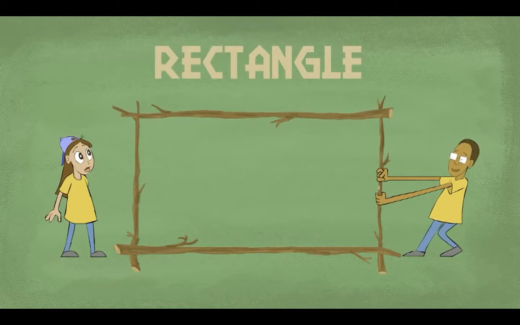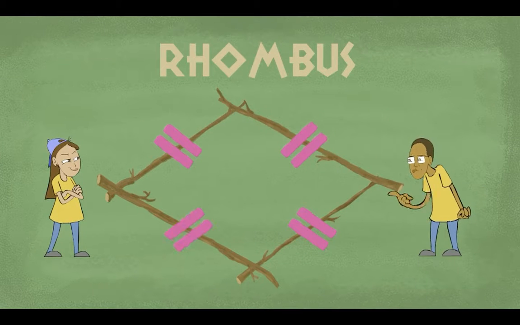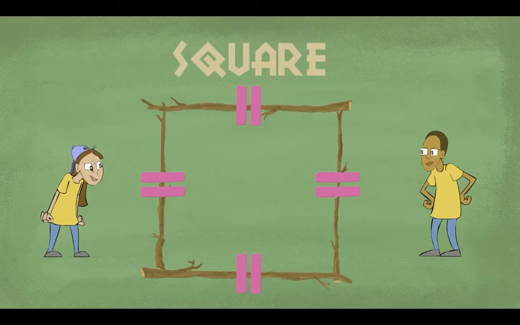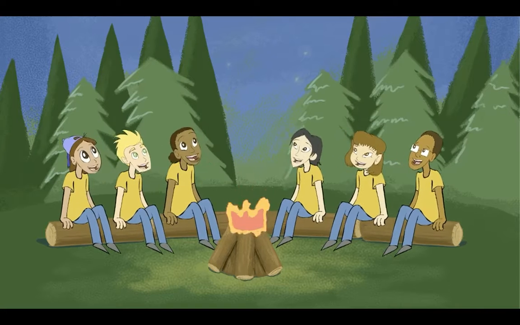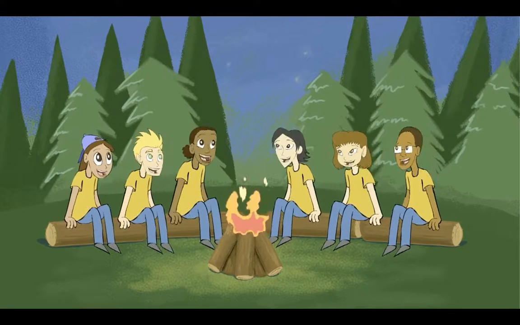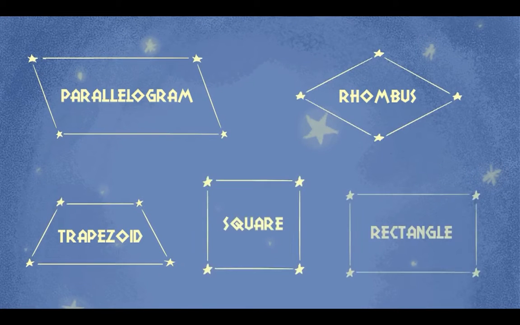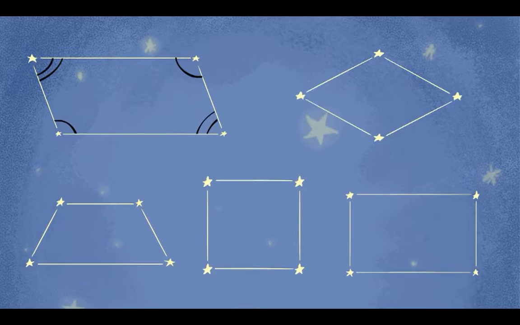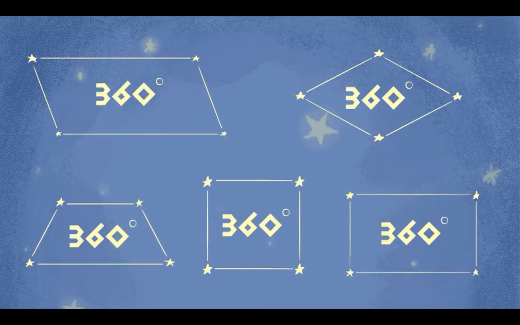A rectangle has four right angles. A rhombus has four sides that are equal. Squares have four equal sides and four right angles. Quadrilaterals have four sides and four angles. Parallelograms, rhombuses, trapezoids, squares and rectangles. And if you add the angles inside each of these, there will be 360 degrees.